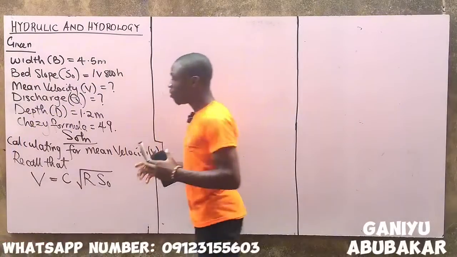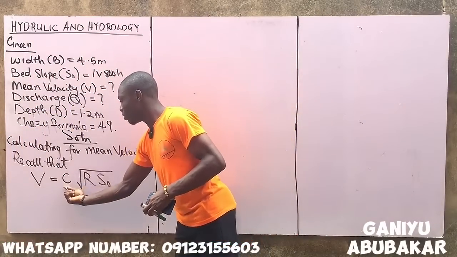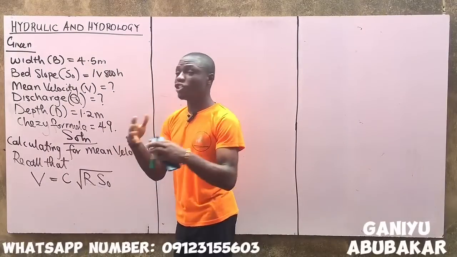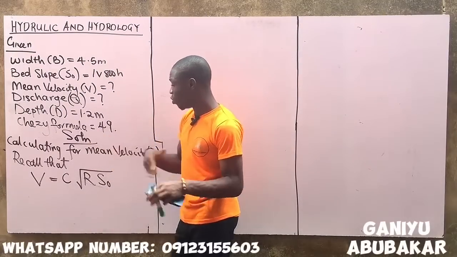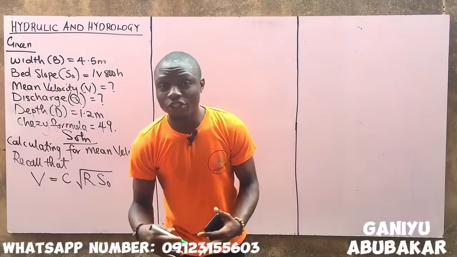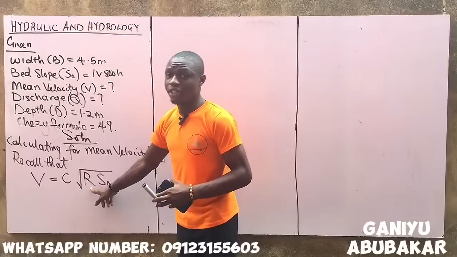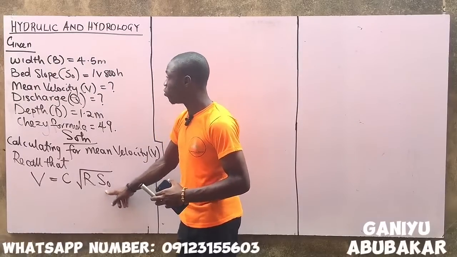So the formula for calculating mean velocity is V equals C, where C is the Chezy formula constant, which is 49 here, times the square root of R. What's R? R is called the hydraulic radius, please note that. And S naught is called the bed slope.